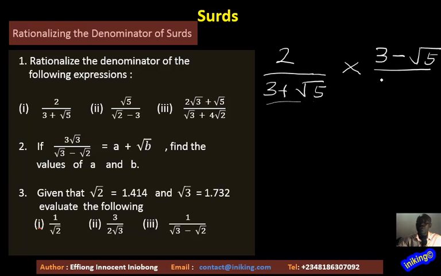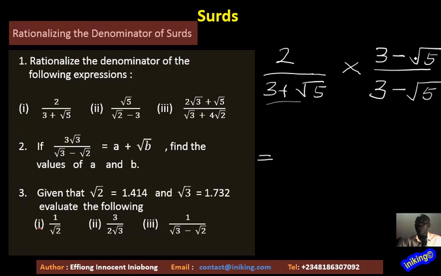I'm going to use that same expression to multiply the denominator, which means I have done nothing, because it is still 1, which means I have not altered the expression 2 all over 3 plus root of 5. I just want to express it in a better way by making sure that the denominator is not an irrational number.